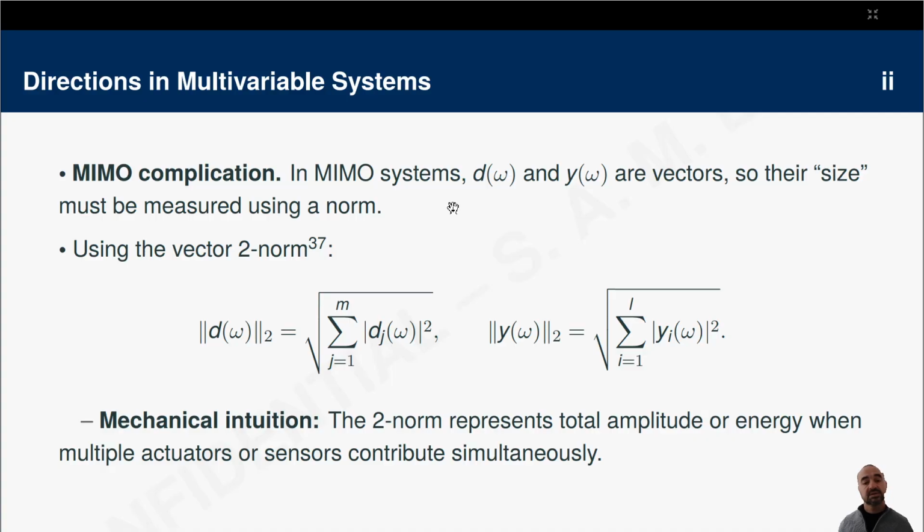You should have seen this in a linear algebra course, that when we have vectors, we size them using norms, and we have different kinds of norms. The two norm is the most common, because it represents the total amplitude or energy when multiple actuators or sensors contribute simultaneously.